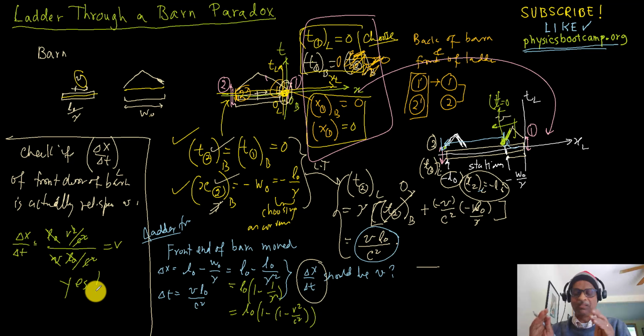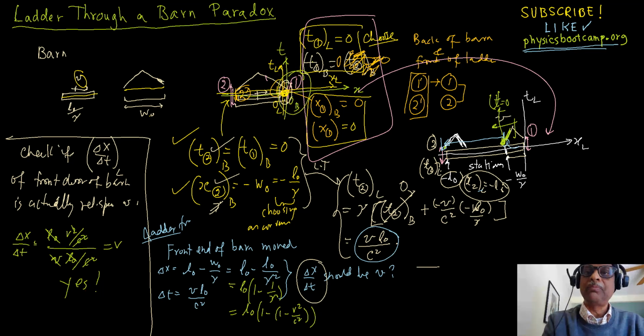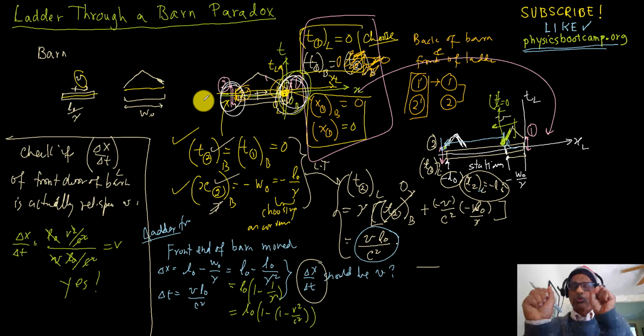As far as the ladder is concerned, it sees the back end of the barn at an earlier time and the front end of the barn at a later time. So at no time is it actually between the front and back, and that's the confusion. What happened over here and here, the front and back, were simultaneous in the barn frame, but they're not simultaneous in the ladder frame.